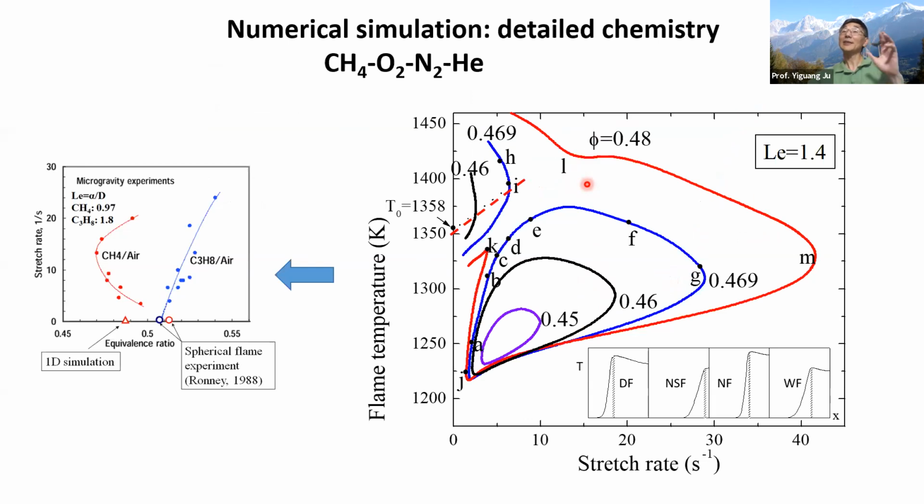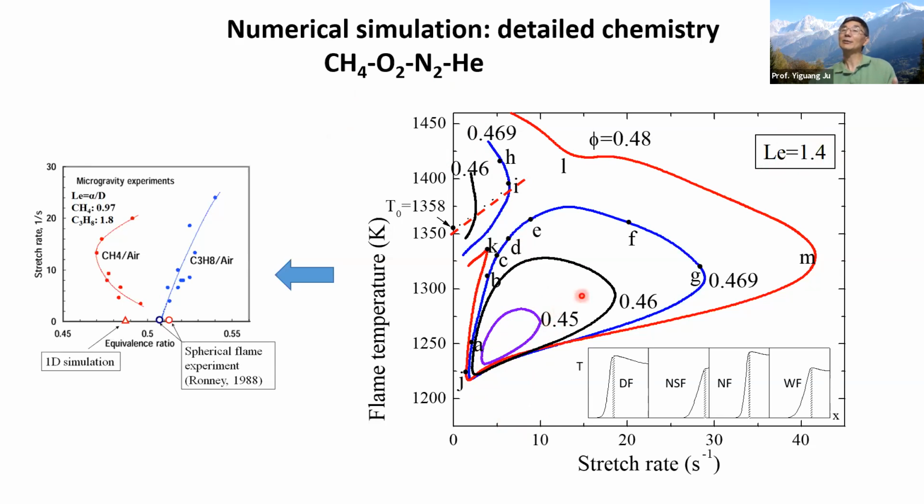This figure basically summarizes the computational result. If you have a mixture with a Lewis number of, let's say, 1.4 with this kind of helium dilution, at a very low equivalence ratio you have a flame island, which is confined by a lower strain rate and a higher strain rate.